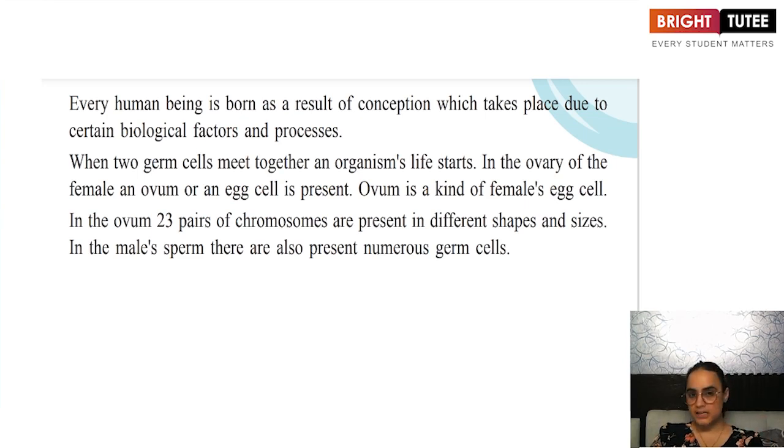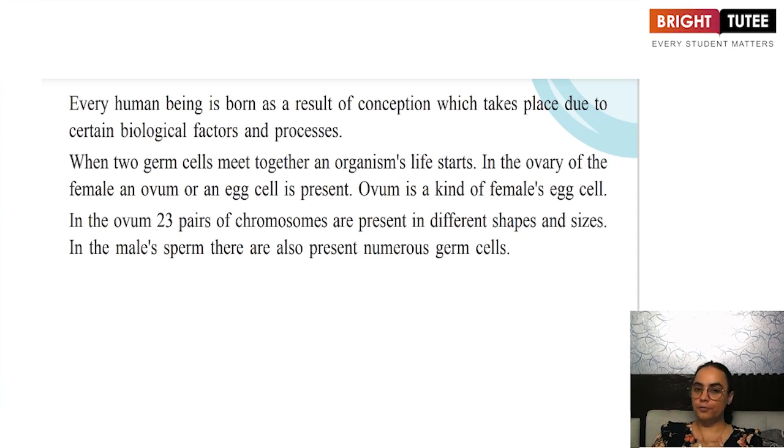We have learned in science that when two germ cells meet together, that is when an organism starts. The ovary is the place where this mating takes place. So what happens in the ovary? An ovum, which is also known as an egg, is present.